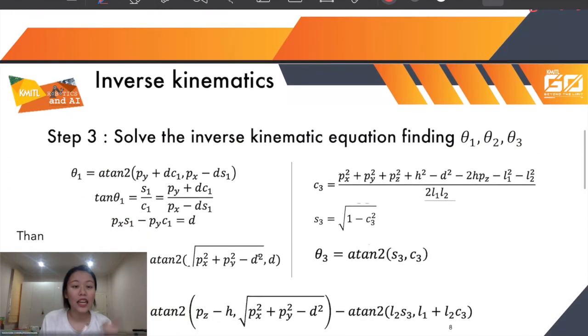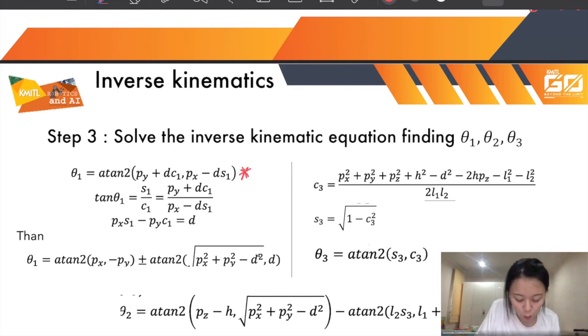And the next step is step 3. Now we have Px, Py, and Pz, or the point x, y, z at point OC. So now we have to solve the inverse kinematic equations to find theta 1, theta 2, and theta 3. Theta 1 comes from atan2 of Py plus d cos theta 1 divided by Px minus d sine theta 1. From this equation, we will get theta 1.